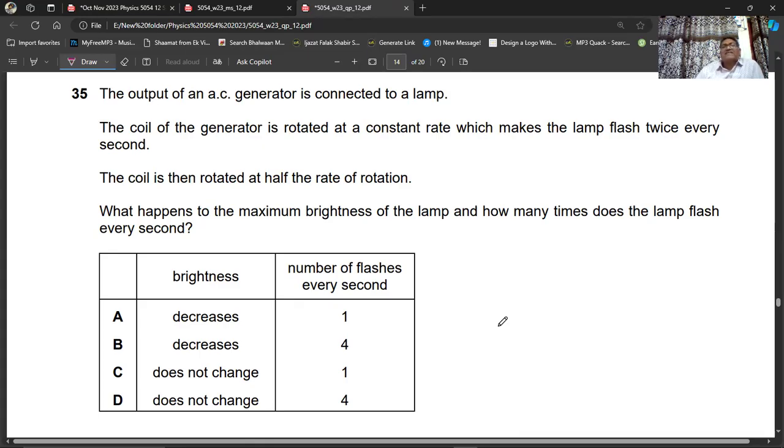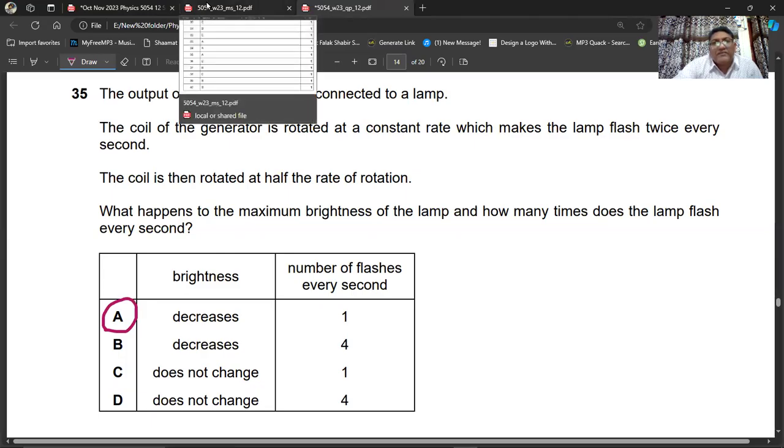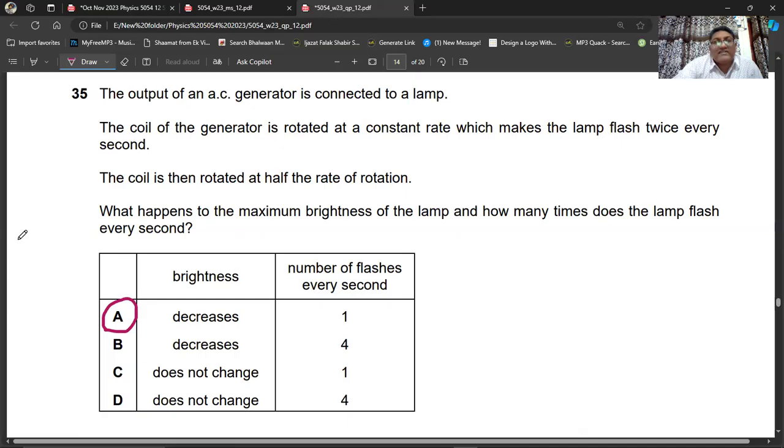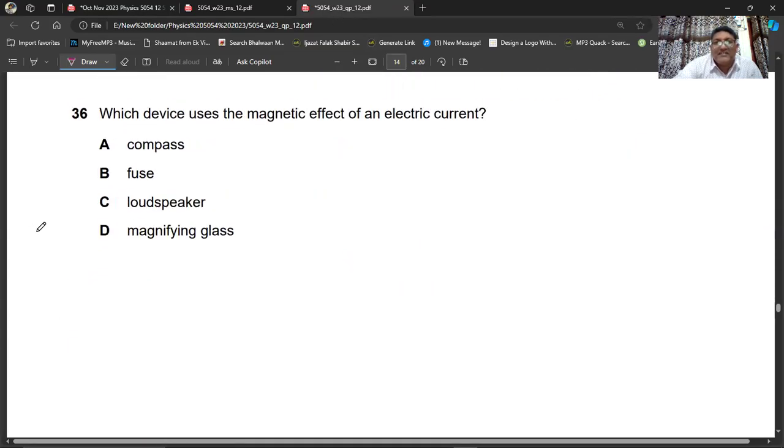I think once in a second, because its time period will increase. Before, it was switching on 2 times in 1 second, now it will switch on only 1 time. So I think 35A is the choice. A little tricky.